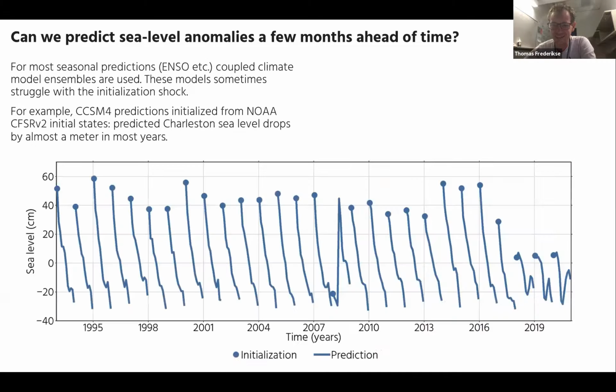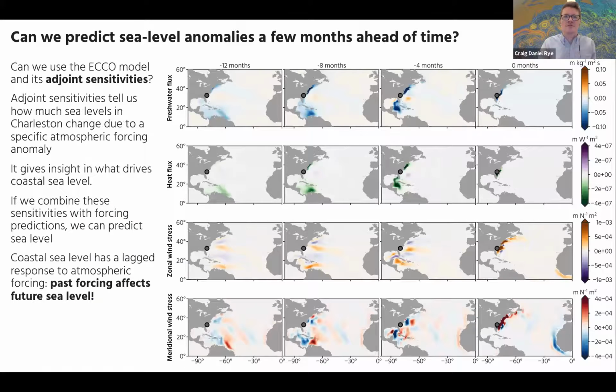Let's go further. So then we go back to the ECCO part. ECCO is an ocean state estimate that we run here at JPL as well as at MIT and the University of Texas at Austin, and it has what's called adjoint capabilities.